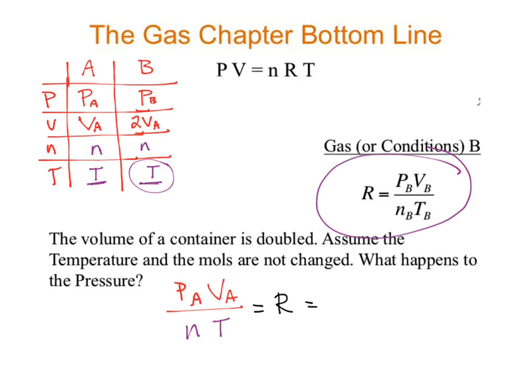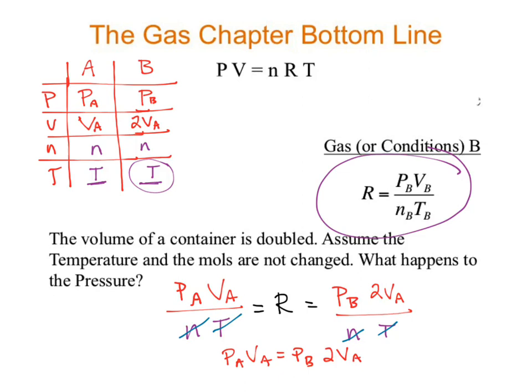PB and 2VA over NT. Where'd you get that from? That's the volume for B. All I'm doing is making the substitution in. What happens? Common denominators cancel. I would end up with PA times VA equals PB times 2VA.